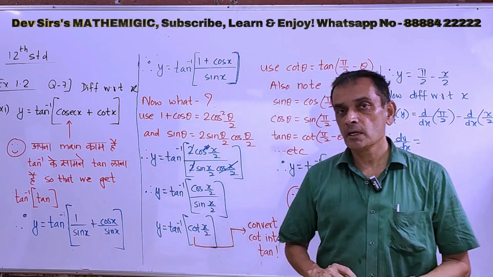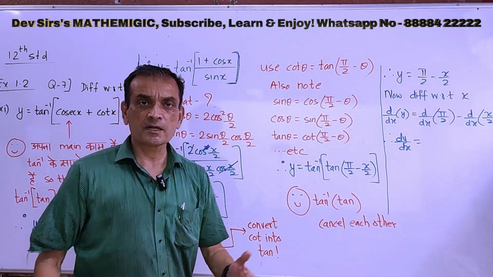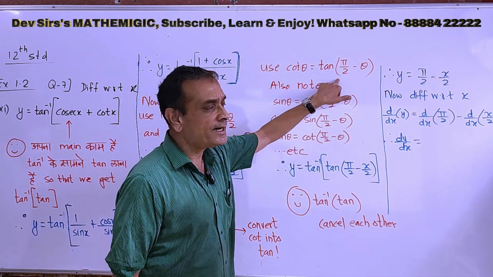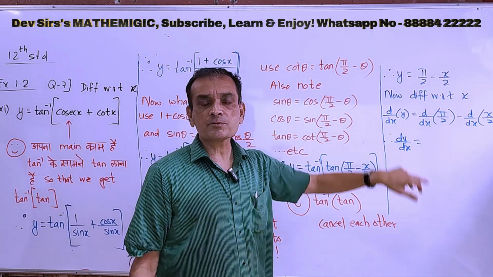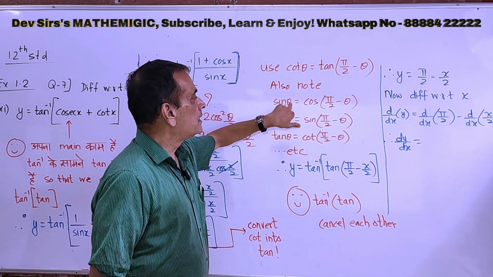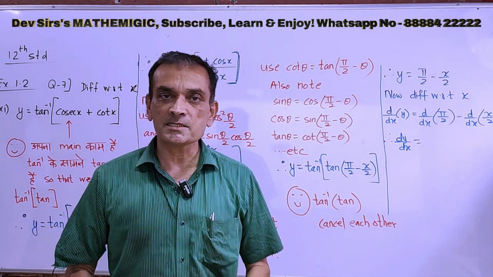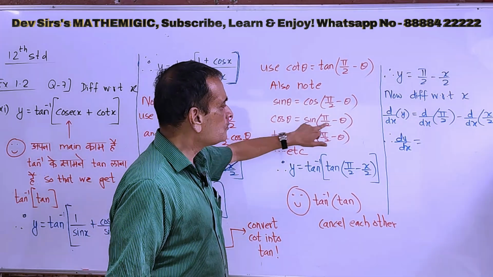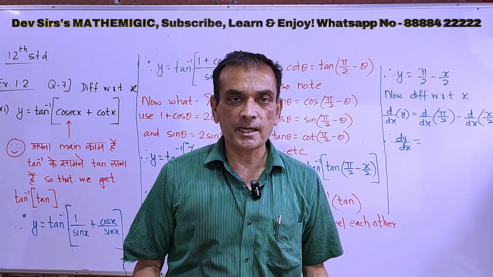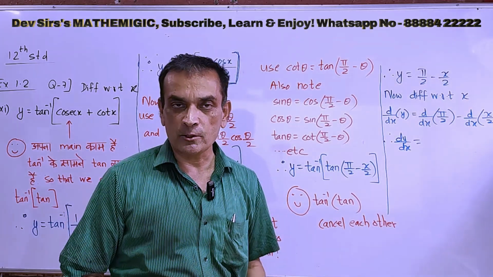So now which formula? We go back to our 10th standard formulae. See, certain formulae I have written. Cot theta: if you want to convert cot into tan, theta will be replaced by pi by 2 minus theta. If you want to convert sine into cos, theta will be replaced by pi by 2 minus theta. Cos into sine, theta will be replaced by pi by 2 minus theta, and so on. So you just have to replace x by 2 by pi by 2 minus x by 2.